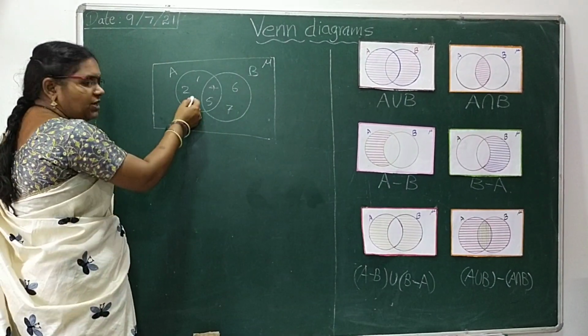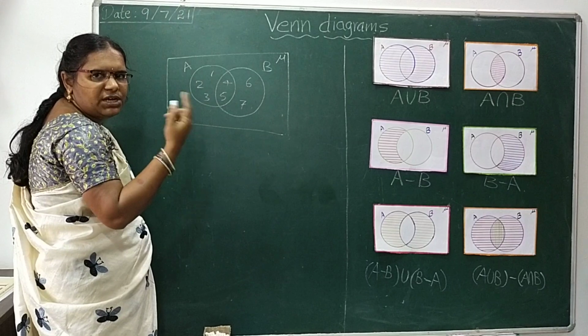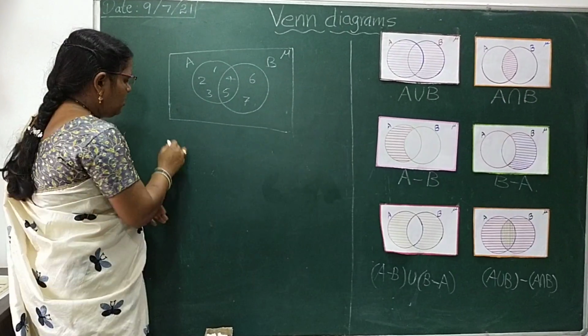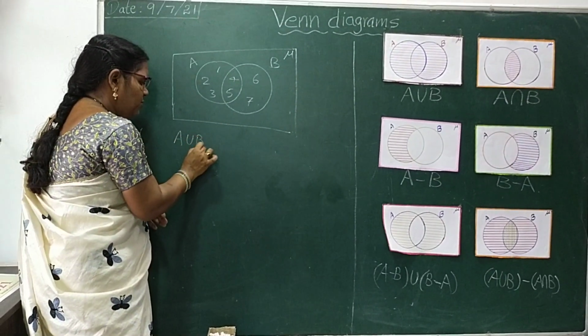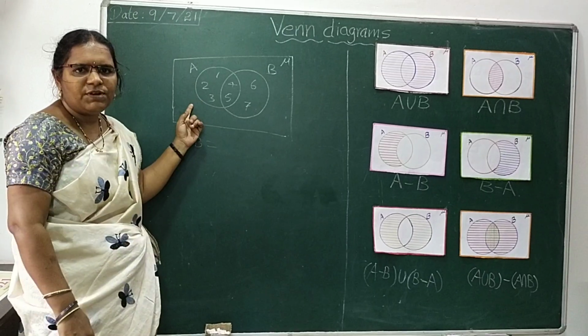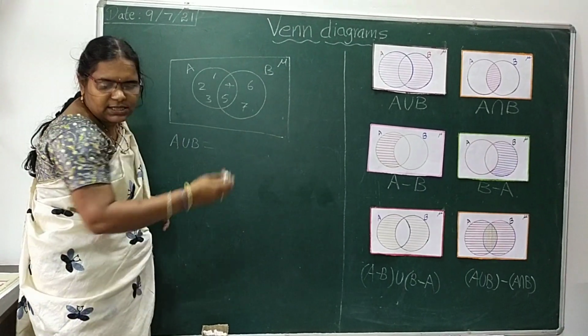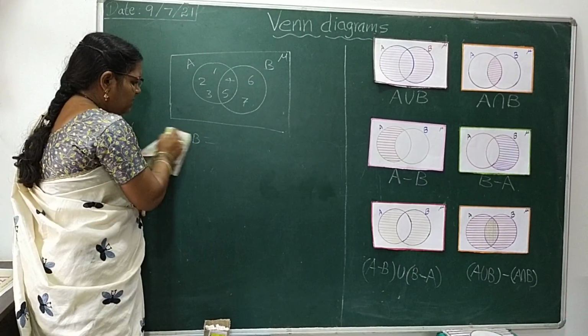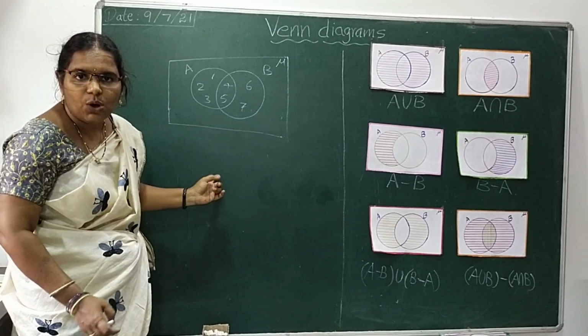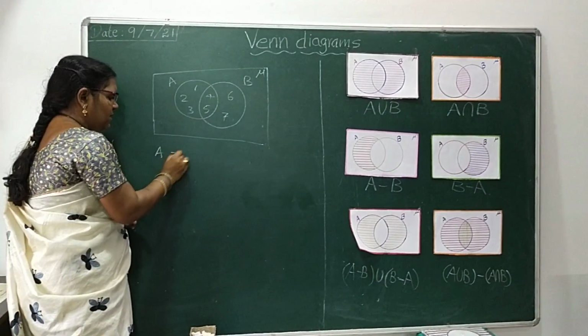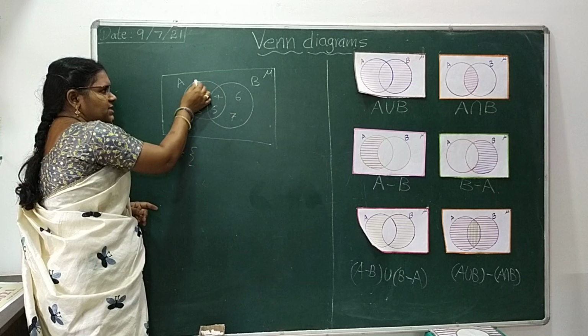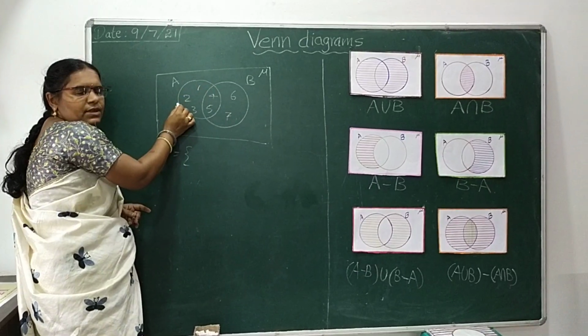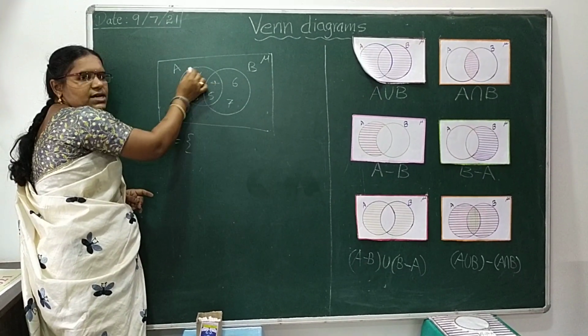They will ask to find from the figure A union B, A intersection B, A minus B, all. Before we find these, first you have to write the elements of A and B. What is A? This circle, the first circle.